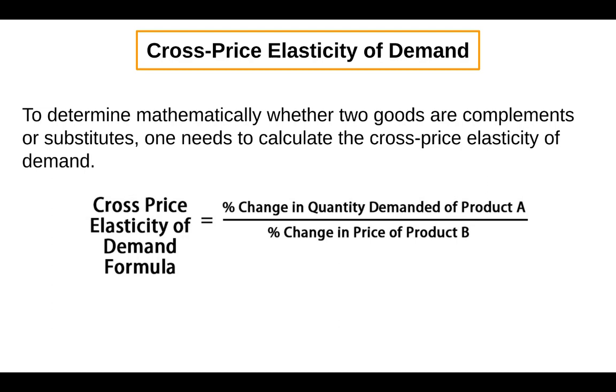And this time, it is incredibly important that you do not do absolute value because the number itself actually does not tell us whether they are complements or substitutes. The number in absolute terms simply tells us the strength of the relationship. So the farther away the number is from zero, either negative or positive, the stronger the relationship between the two goods. The sign is what tells us if they are substitutes or complements.